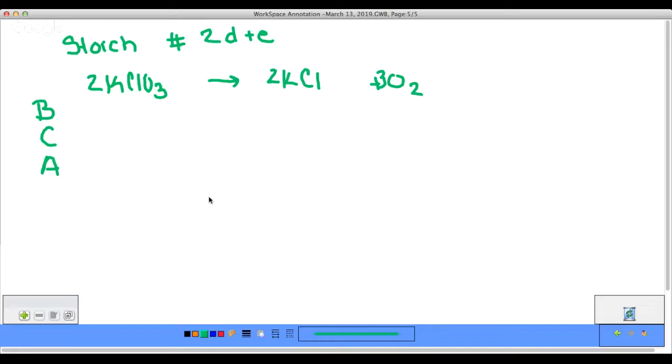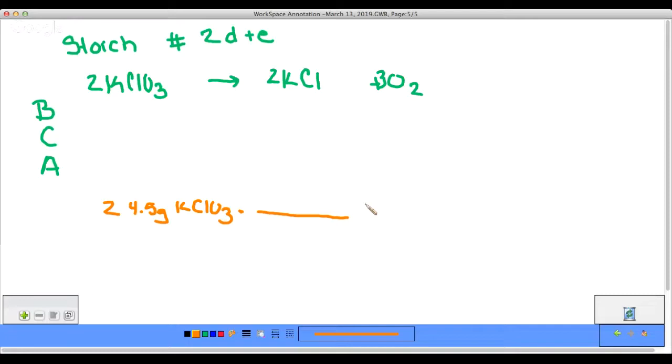Now with your BCA table, you do need to put moles in here. So we do need to know the moles that we are given. We are told in this problem that we have 24.5 grams of potassium chlorate, and we need to convert that into moles. I do not have the answer key in front of me, so let me calculate this really fast.